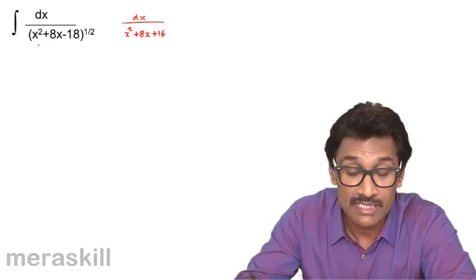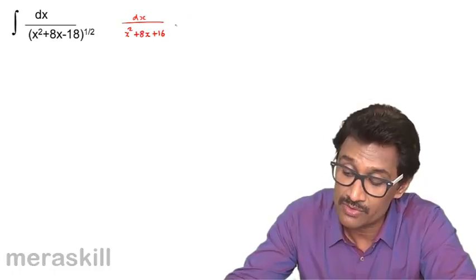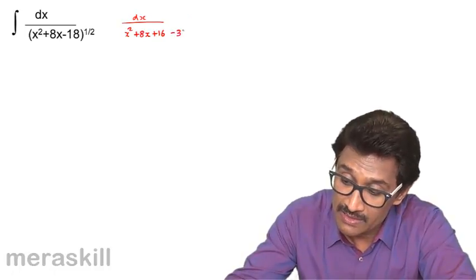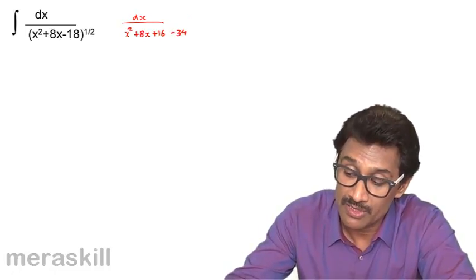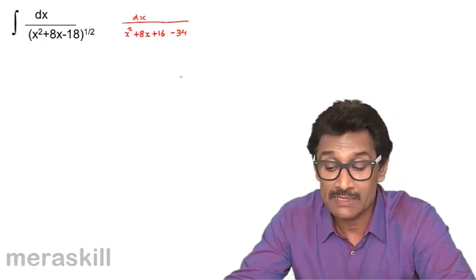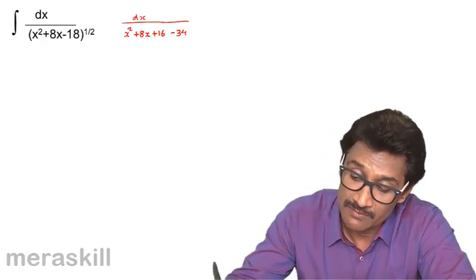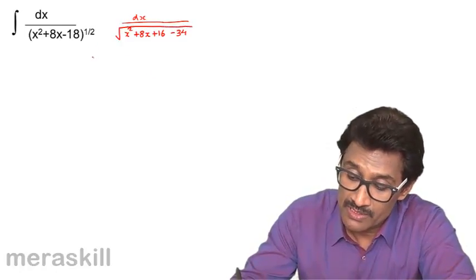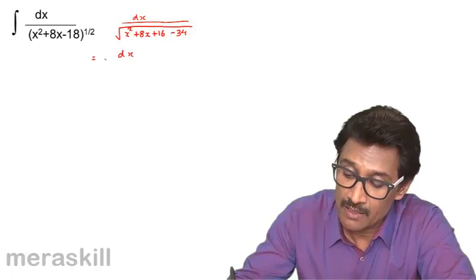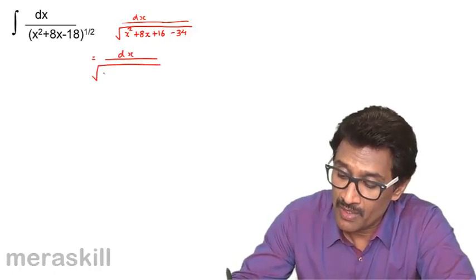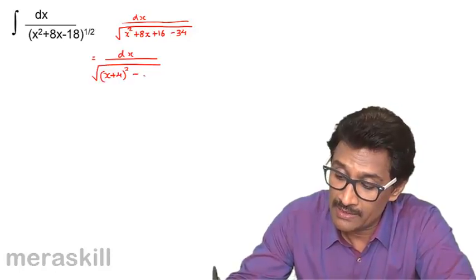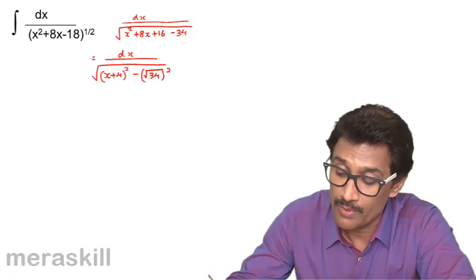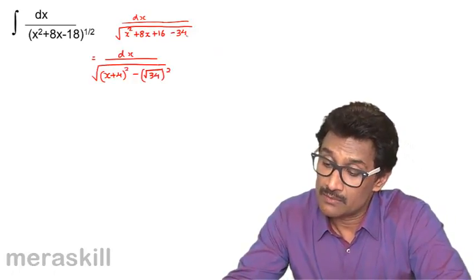Now you have taken out 16, hence you have to give 16, so it's going to be minus 34. So it has to be this way, x square plus 8x plus 16 minus 34, and this whole thing is under square root. So it's eventually dx upon root x plus 4 the whole square minus root 34 the whole square.